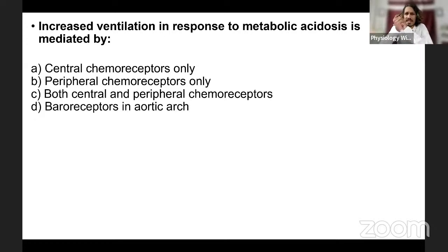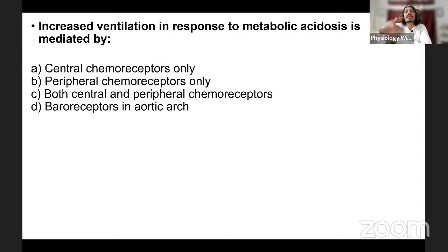So, metabolic acidosis is there. One of the things about metabolic acidosis is your H plus is increasing. If H plus is increasing in the body, that is going to stimulate your peripheral chemoreceptors. H plus in the blood cannot stimulate your central chemoreceptors.